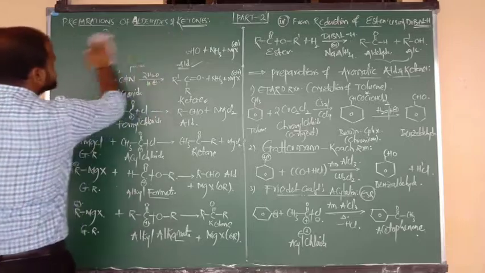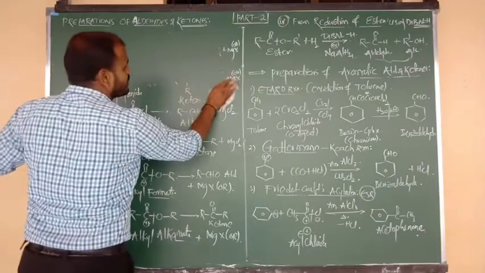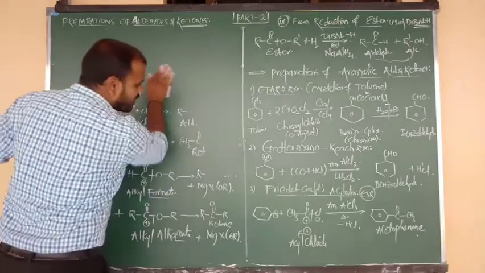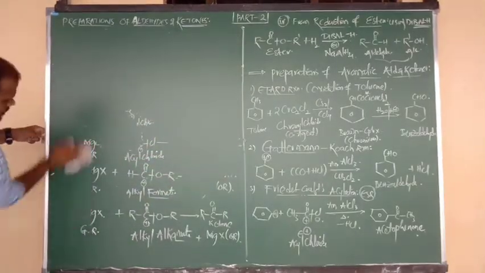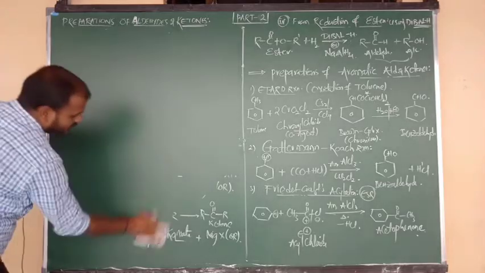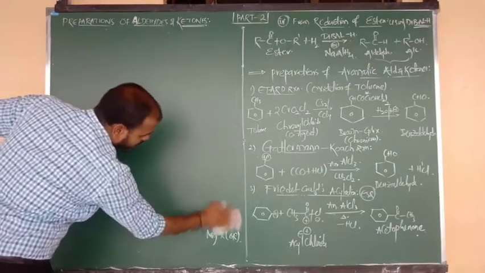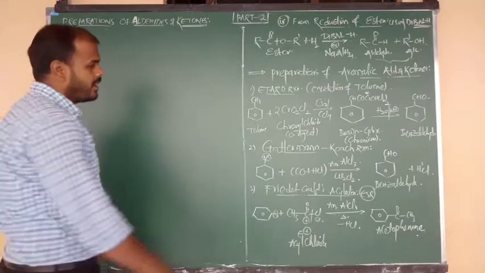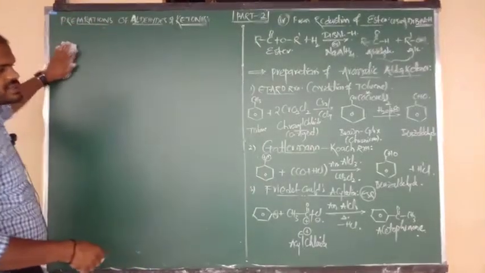So once again, let us say the revision, beta. What is the formula of chromyl chloride? CrO2Cl2. What is the oxidizing agent in ITAD reaction? Chromyl chloride. What is the intermediate of ITAD reaction, beta? Yes, you are getting a brown color chromium complex. What is the final product in ITAD reaction? Benzaldehyde. And what is the final product in Gattermann-Koch reaction?